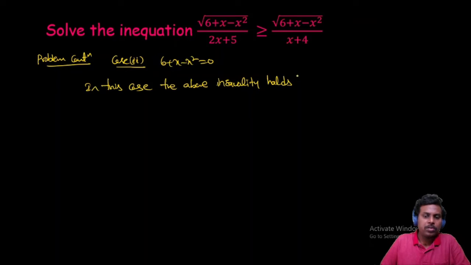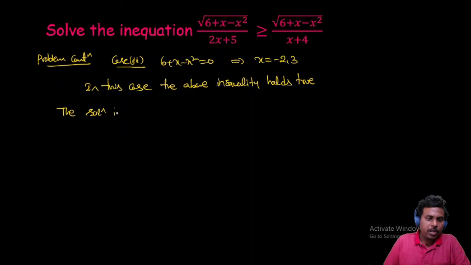Above inequality holds true, and for what values of x actually? So x is equal to minus 2 comma 3. So the solution in case 2 is x is equal to minus 2 comma 3.